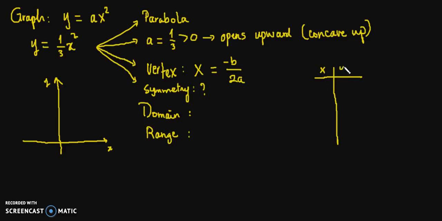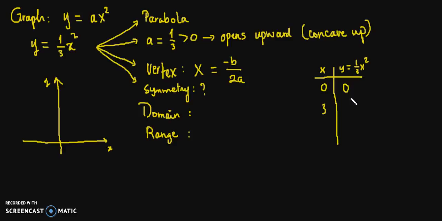So x here, y equal to 1/3 x squared, right? So the first value that I would get is actually 0, because it would be easy. So x is 0 here, y would be equal to 0, right? How about number 3?